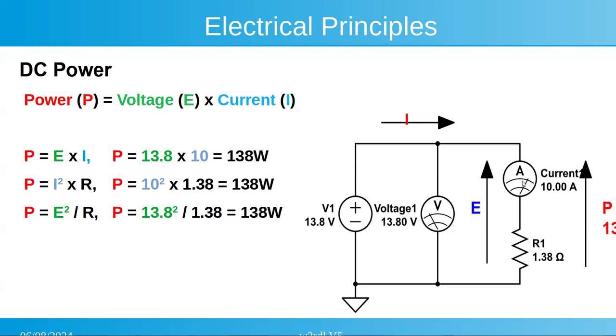If we didn't know the voltage, but I knew the resistance and I knew the current, then I could use this formula: square the current, multiply it times the resistance, and come up with 138 watts. If I didn't know the current, but I knew the voltage and the resistance, then I would square the voltage and divide it by the resistance and come up with 138 watts.